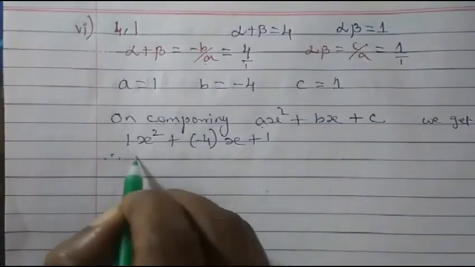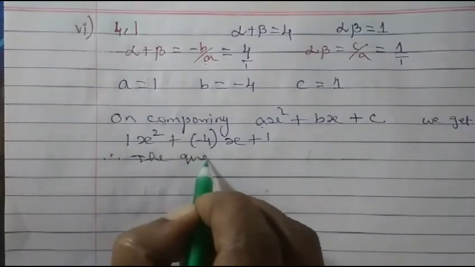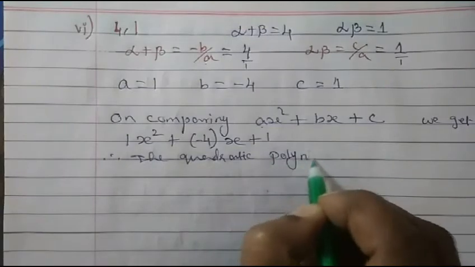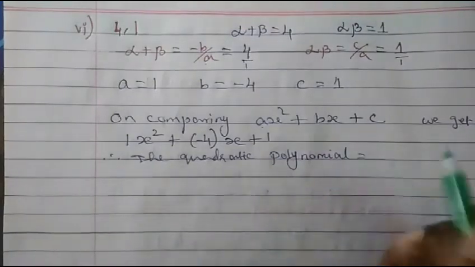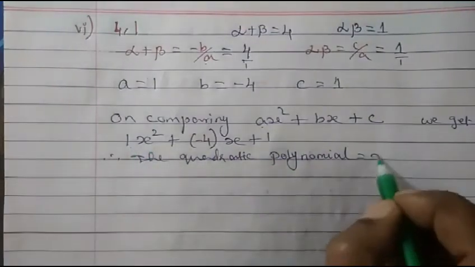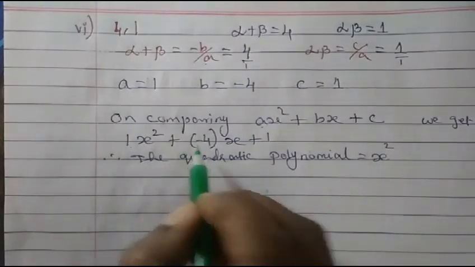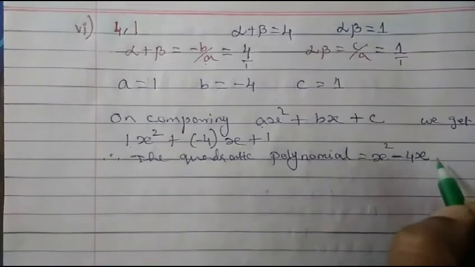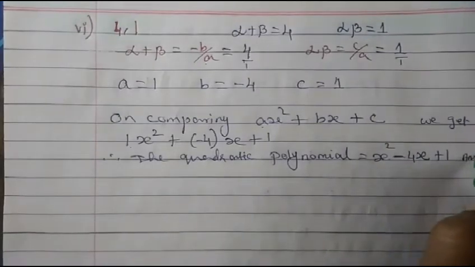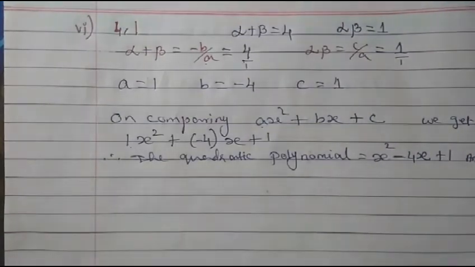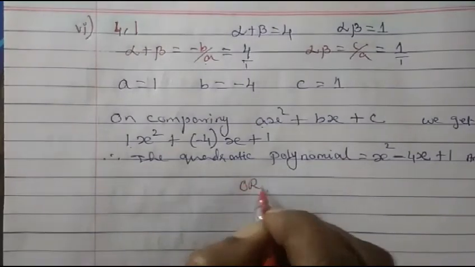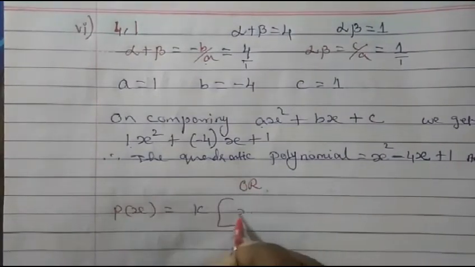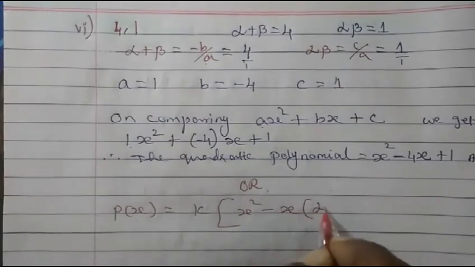So therefore the quadratic polynomial is 1 into x square will be x square, plus into minus, minus 4 into x, 4x, plus 1. So that's our answer.